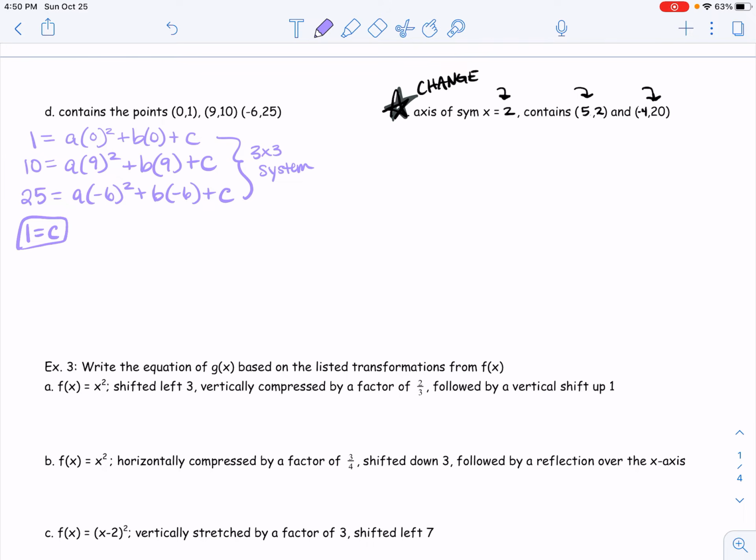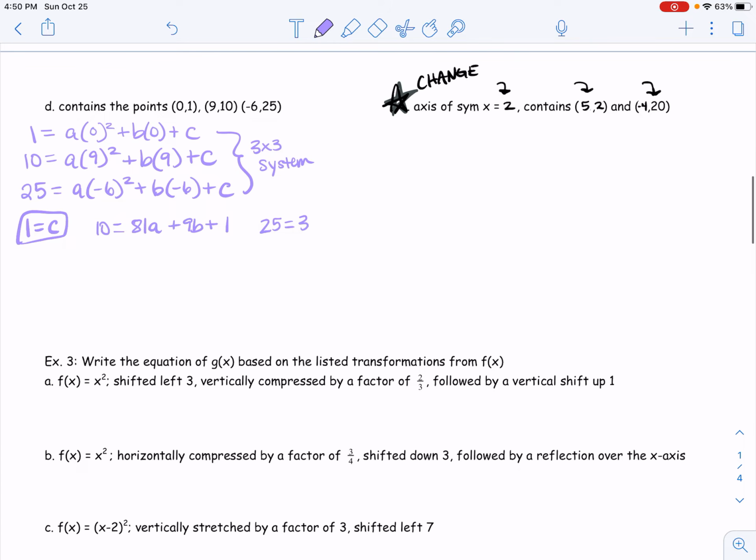The second equation is 10 equals 9 squared, which is 81, times a plus 9b plus c, which we know is 1. Our third equation is 25 equals negative 6 squared, which is 36. So this is 36a minus 6b plus c, which is 1. And so now we have these 2 equations.